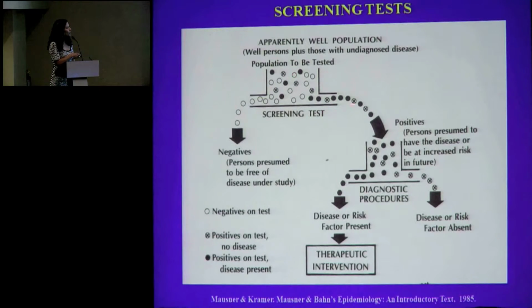But then you're going to have people that are true positives that actually have the disease, and people also that may be false positives. So they're going to be shown positive through the test, but they actually might not have the disease. But the important part at this point is that people that test positive on a screening test are going to be brought back for future additional testing and diagnostic procedures and so on.